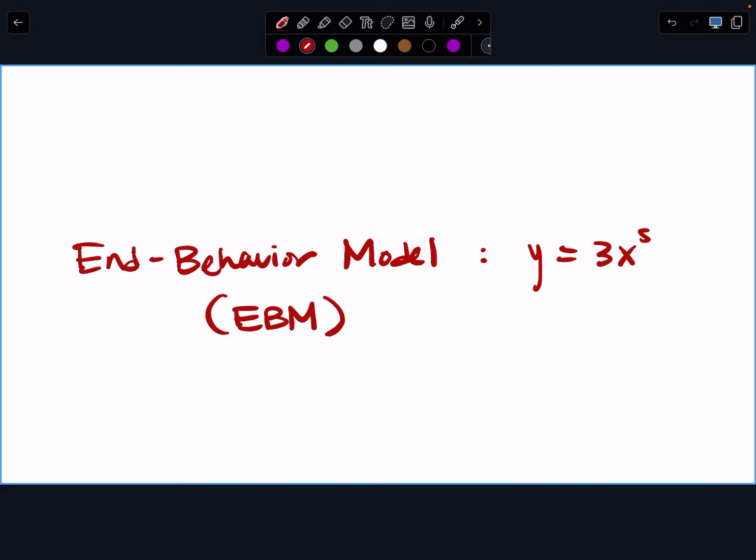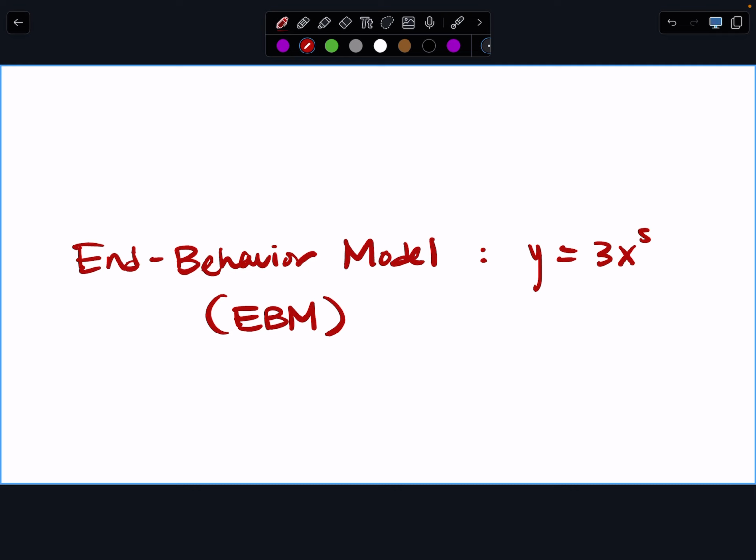So it's a simpler equation that you can analyze and determine what's happening to the function as x gets infinitely larger, infinitely small, in order to determine the end behavior of the function that you're really concerned about.